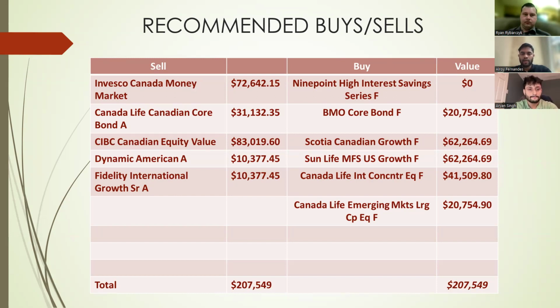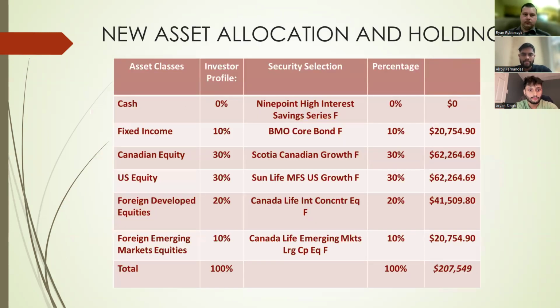Now, we're going to show you what your new portfolio looks like. You'll notice that we recommend a cash holding, should you need it. That's the high interest savings series. You don't need cash right now at the moment.